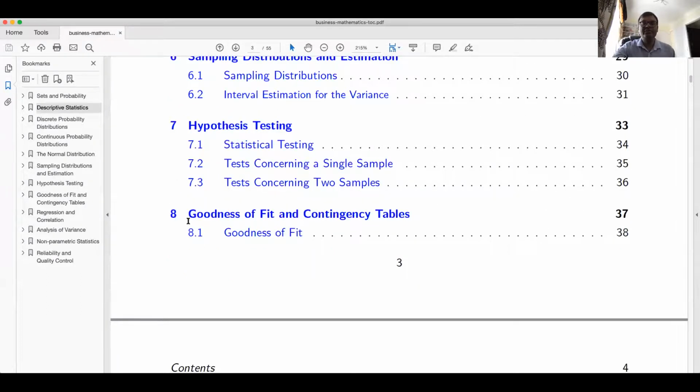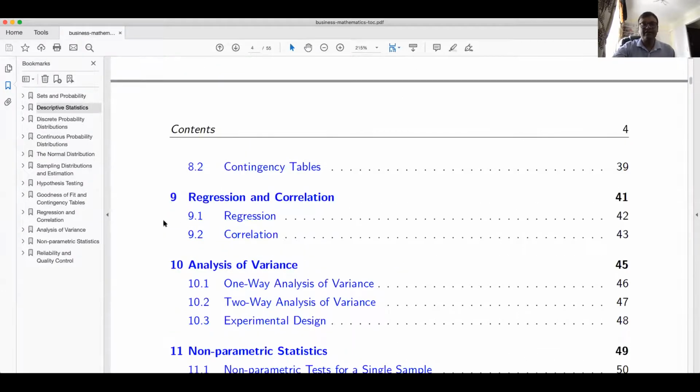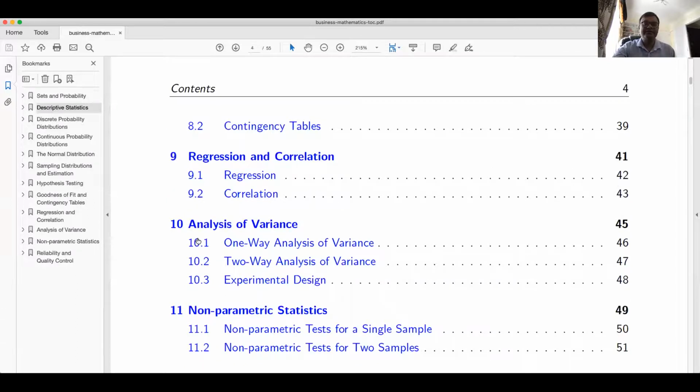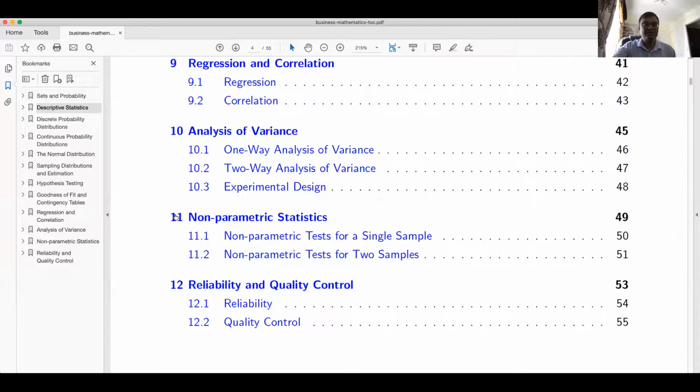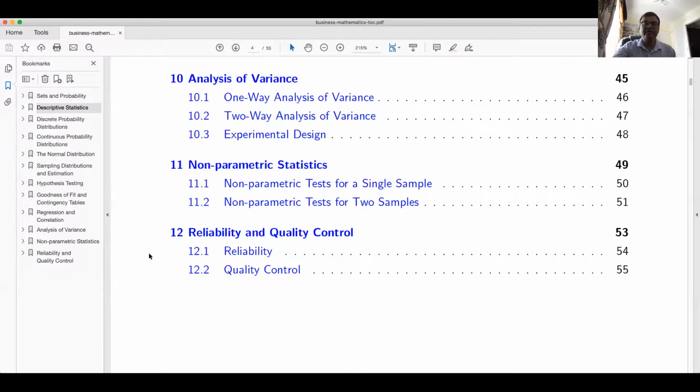Then there is goodness of fit and contingency tables, and then regression and correlation, which is like curve fitting, and analysis of variance, and non-parametric statistics, because not everything has to be numbers. It could be something else also, so it can be non-parametric. Finally, we will end with reliability and quality control.